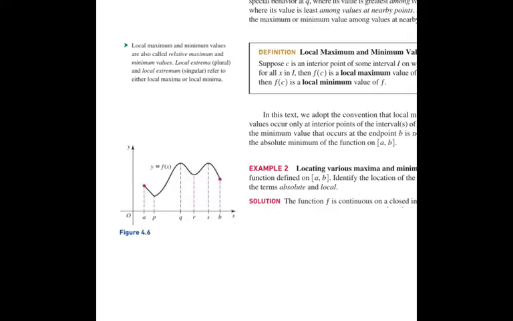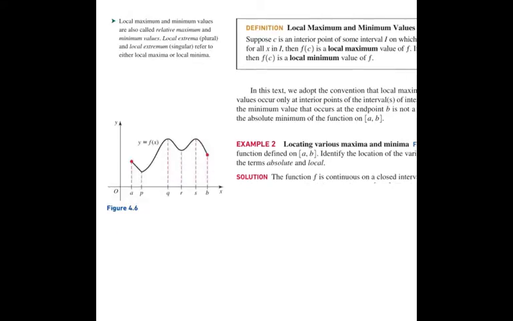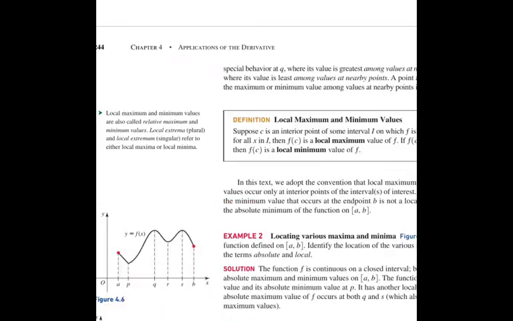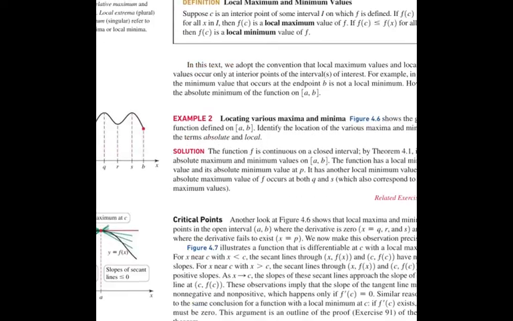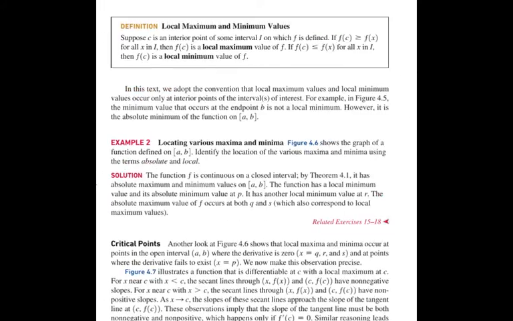Yeah, absolute max. And then local, we have a local min at p, and at r we have a local min, and a local max at q and s. So the function is continuous on the closed interval. It has an absolute max and min on ab.